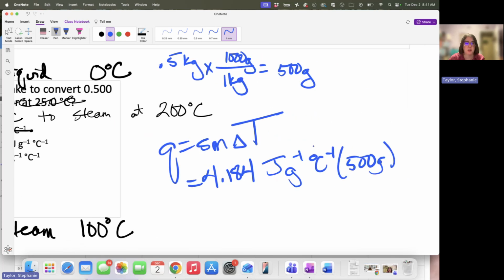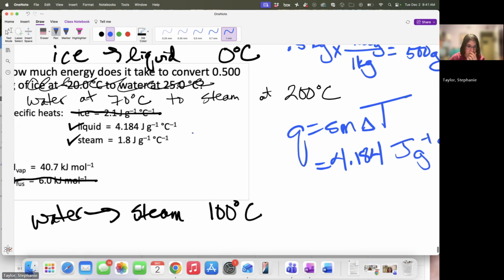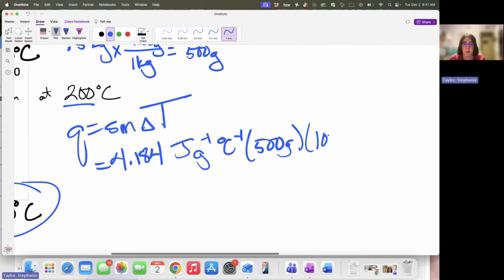And then my change in temperature. This is again the part where I have to keep in mind what's going on, because even though the problem goes all the way to 200, I only have liquid water to 100. So when I'm looking at my final versus my initial, I need to keep track of the substance I have, and I need to keep track of what the actual boiling point is, because I only have water to 100 degrees Celsius.